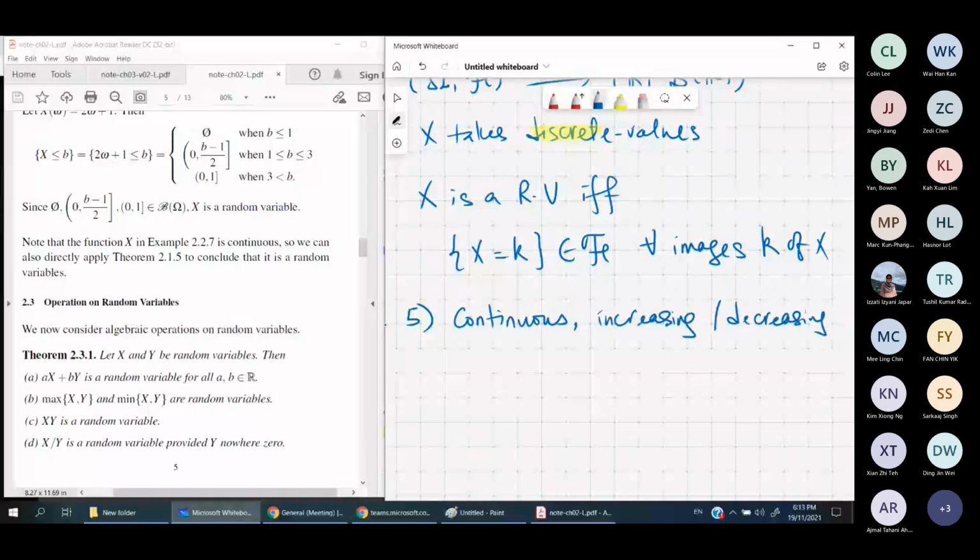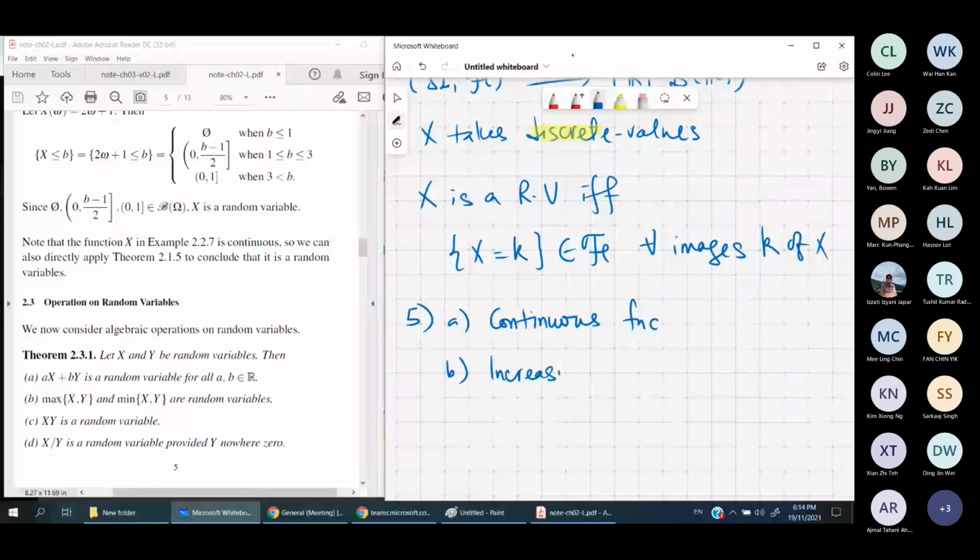We have many of them, so maybe one by one. A, continuous function. We also have an increasing or decreasing function.